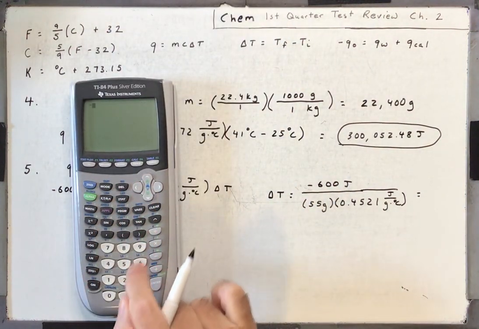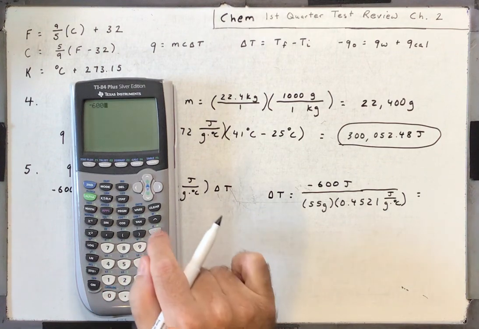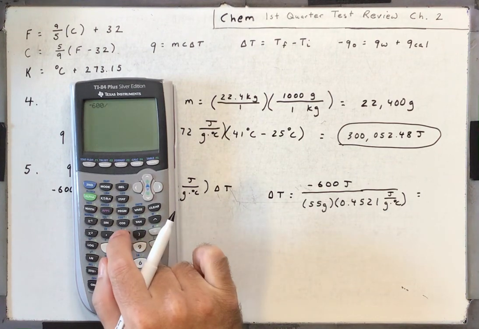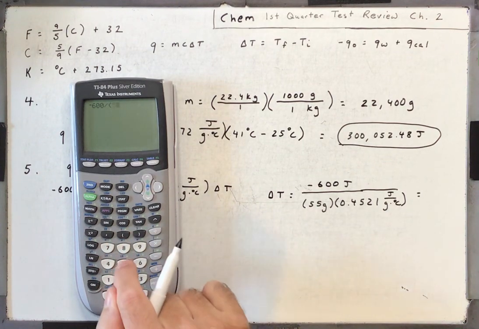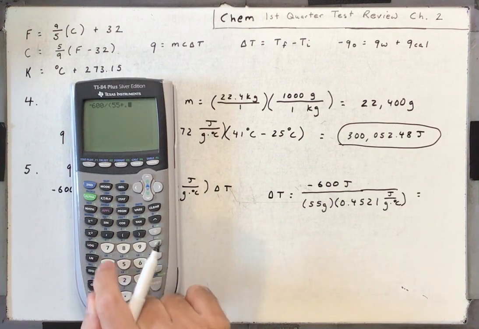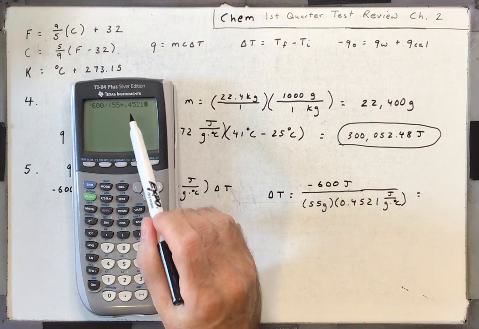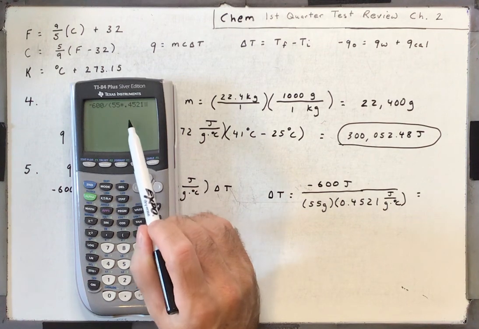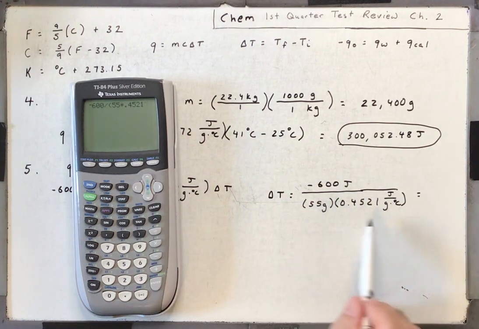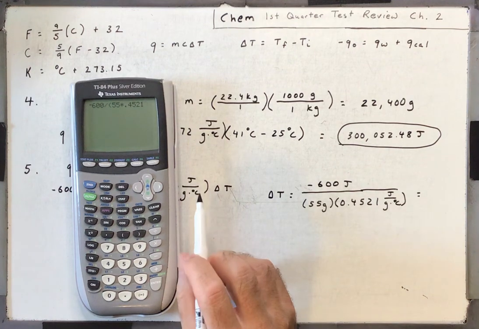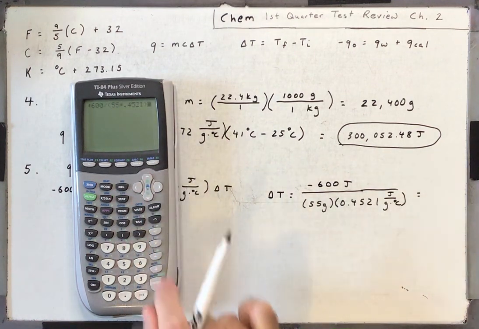Got negative 600 on top, divided by, and then I'm going to do left parenthesis, 55 times 0.4521. Now, I don't use two sets of parentheses in the calculator. I don't need that. I just did it for illustrative purposes here. All right, so times, and then right parenthesis.